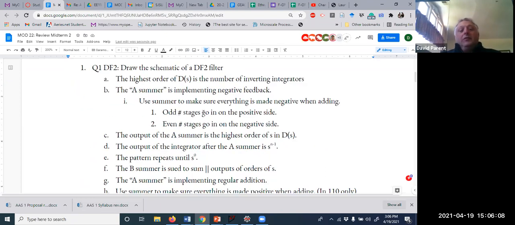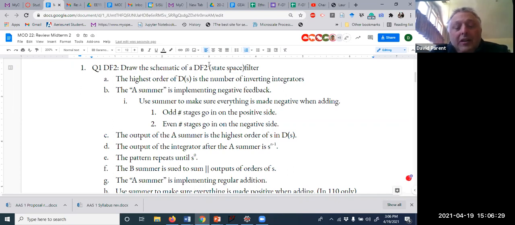All right. So question 1, you're going to draw the schematic of implementing a DF2 base filter, which if you're trying to Google more information, everybody else calls it state space, except this textbook. Okay.